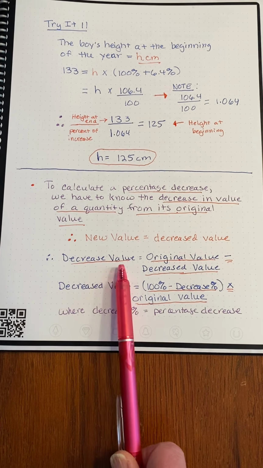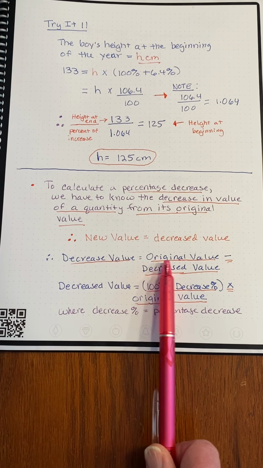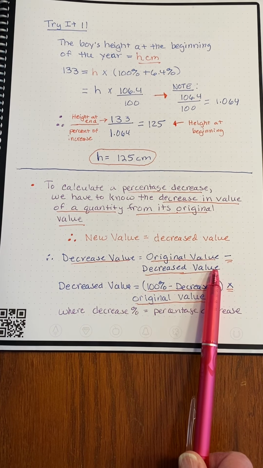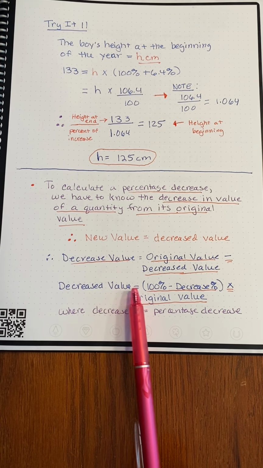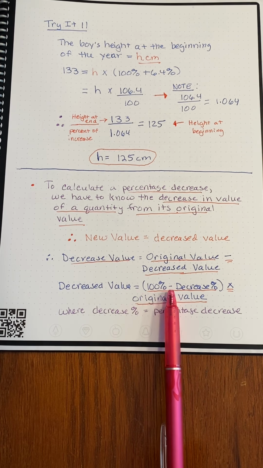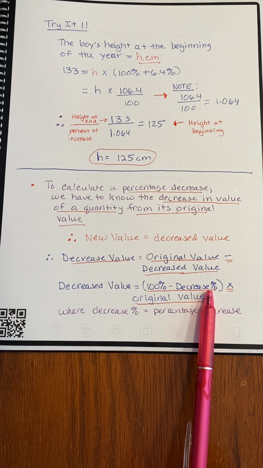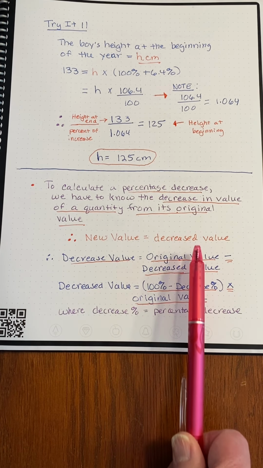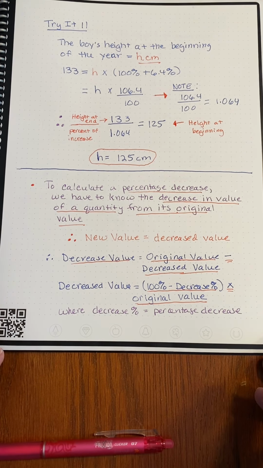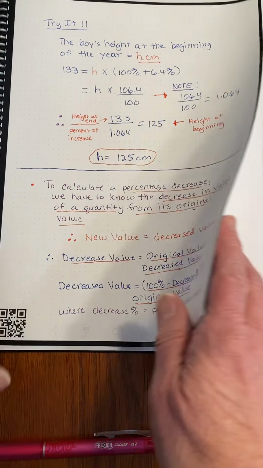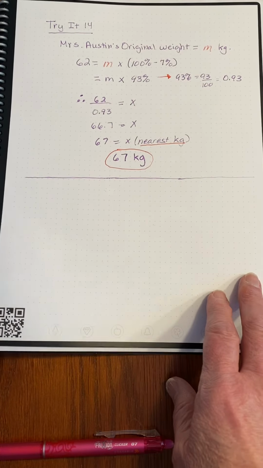However, this time the decreased value is the original value minus the decrease. And the decreased value is 100% minus the decreased percent times the original value, where the decreased percent is the percentage of decrease.